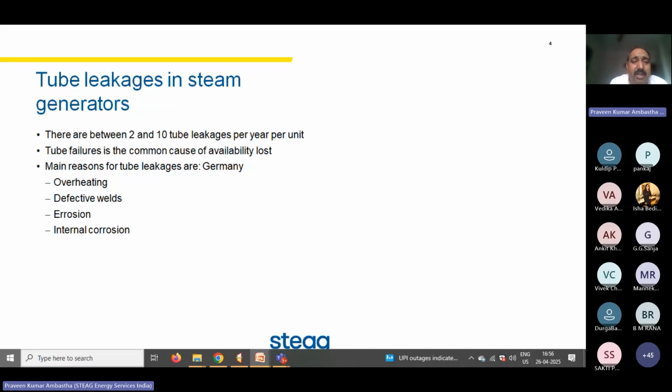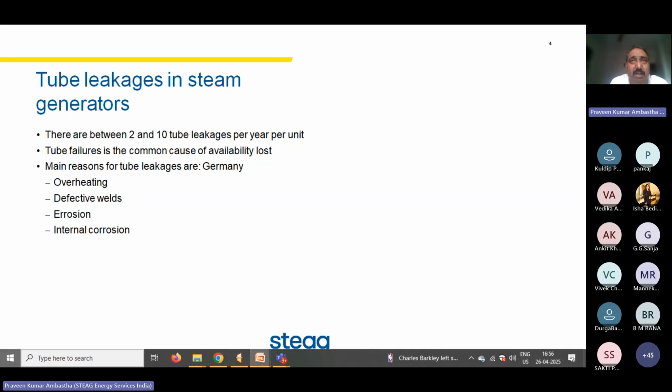This is the data: almost every power plant has 2 to 10 tube leakages per unit per year. At least 2 tube leakages you will always have, and it goes to 10 or 12 also. It depends upon the condition of the boiler, the coal and ash, and the way you operate the boiler. And then there is a tube failure.